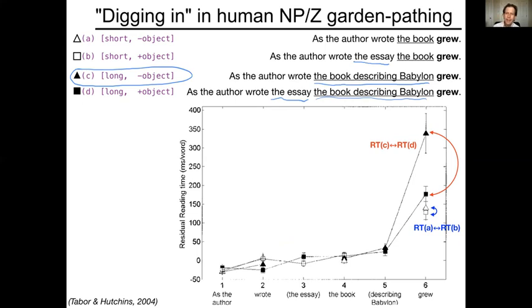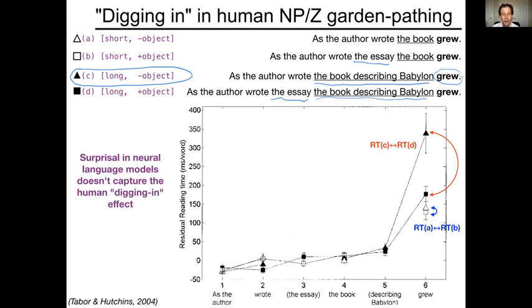So they had to maintain both interpretations, or at least the possibility of revising to this book is the main clause subject interpretation, and achieve it here after a longer intermediate region. And that is not the same processing effect as we see in the artificial systems.